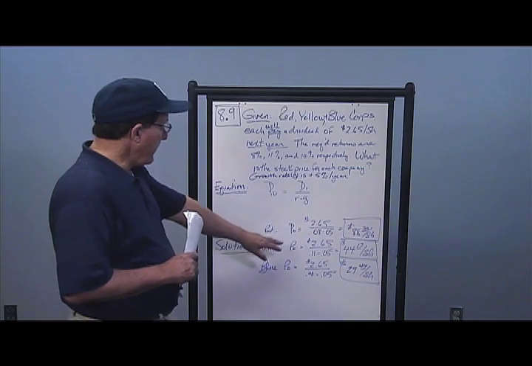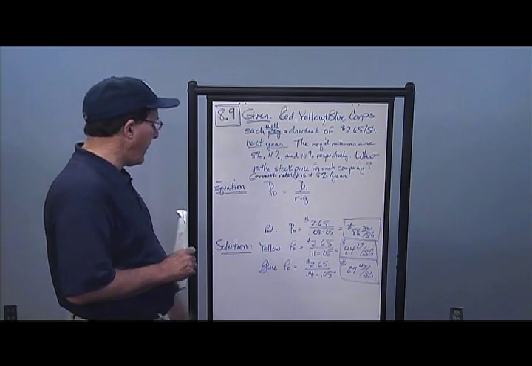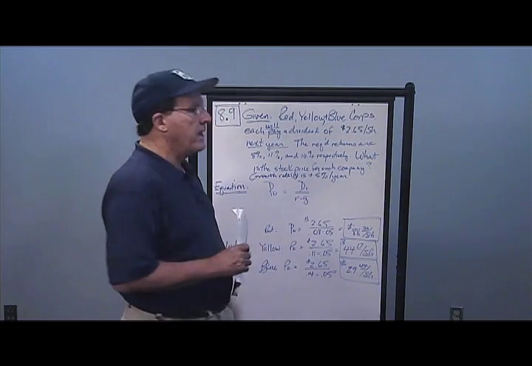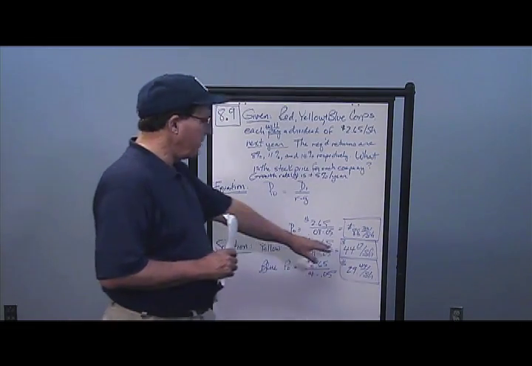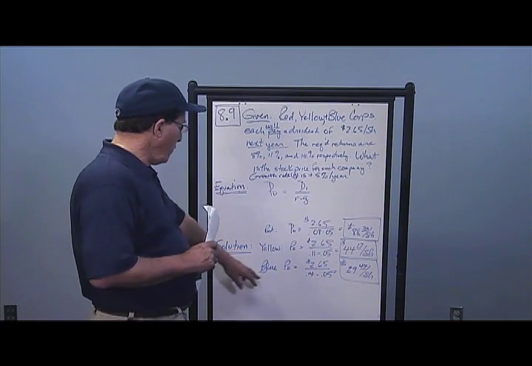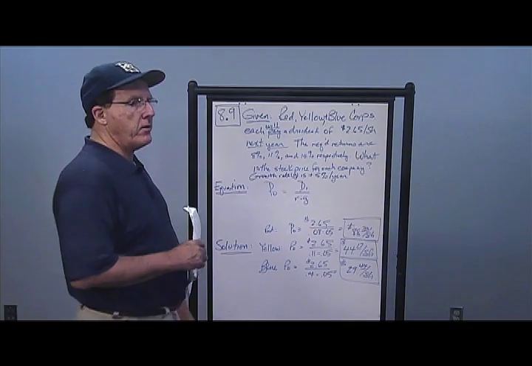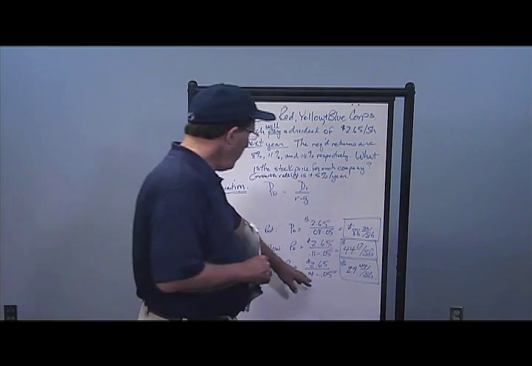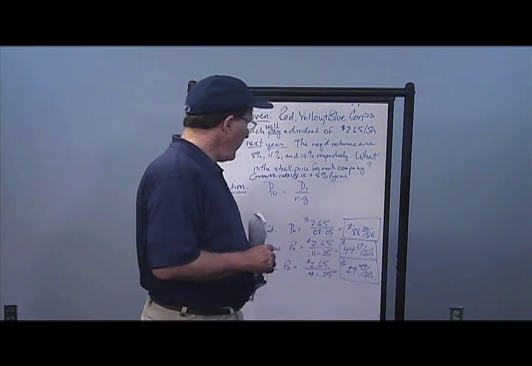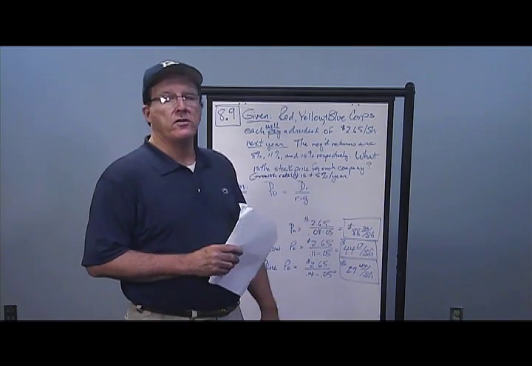For yellow corp, I take the next dividend D1 2.65 divided by their required return of 11% minus 0.05, and I get a stock price of $44.17 per share. And for blue corp, today's stock price is equal to D1 of 2.65 divided by required return of 14% minus 0.05, and I get a stock price of $29.44 per share.